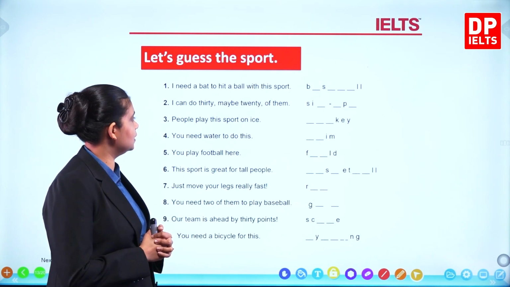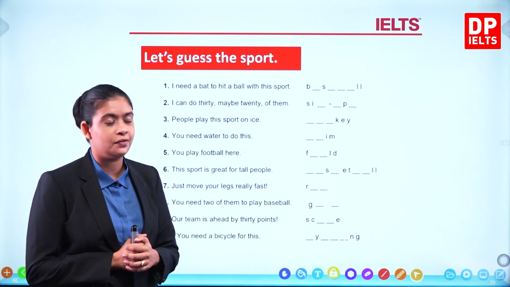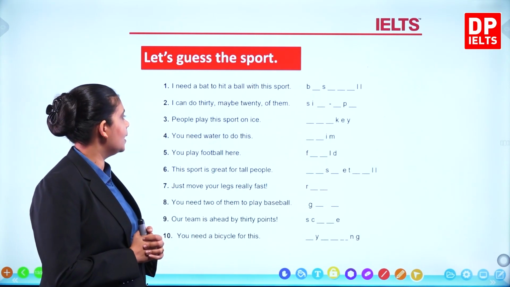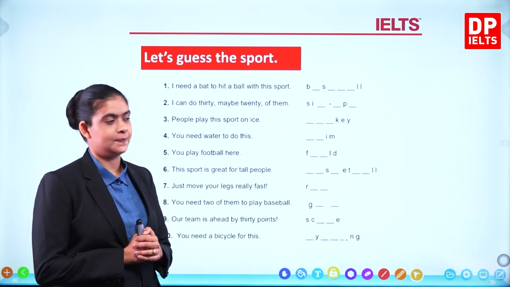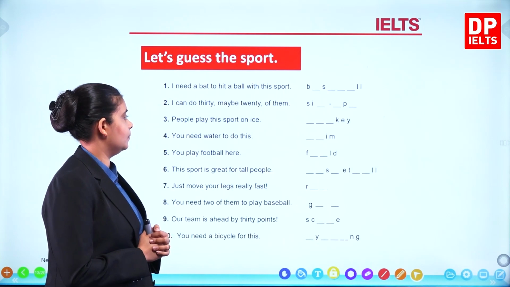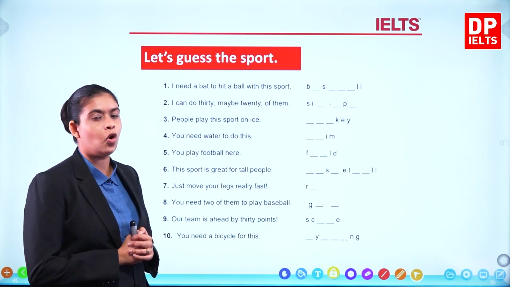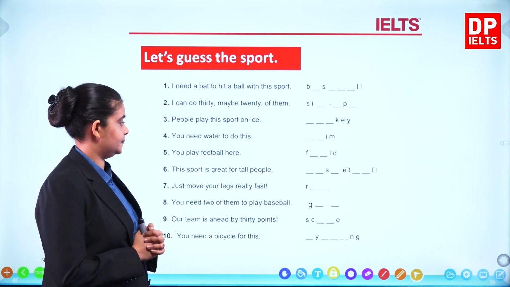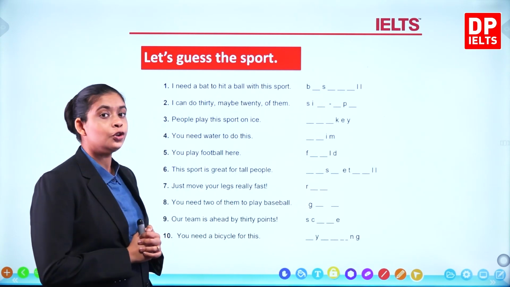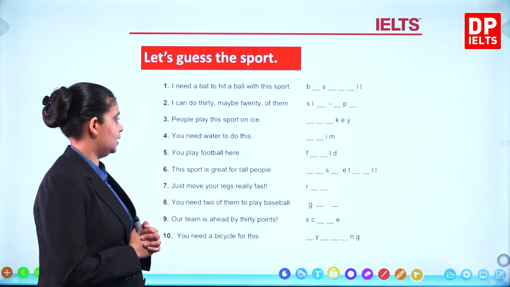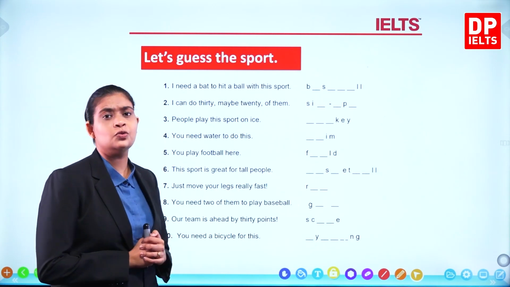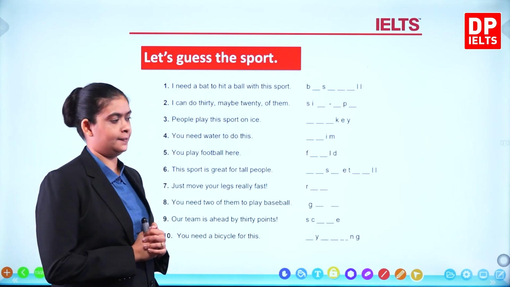I can do 30, maybe 20 of them. People play this sport on ice. You need water to do this. You play football here. This sport is great for tall people.